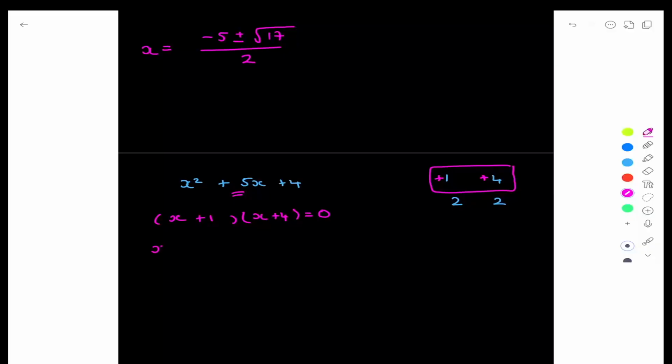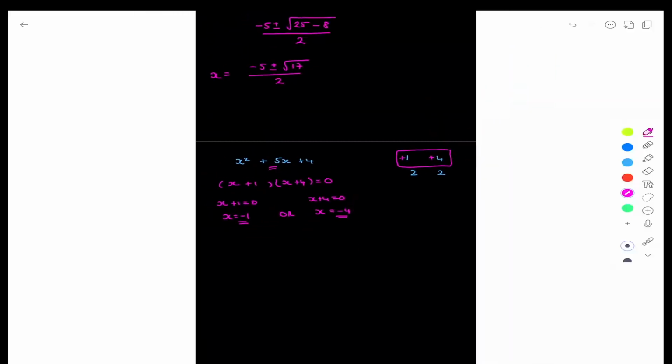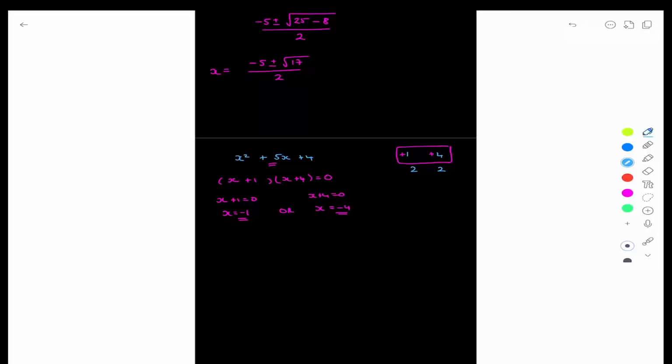Then, using the null factor law, we know that either x plus 1 equals 0, so x has to equal negative 1, or x plus 4 equals 0, so x has to equal negative 4.